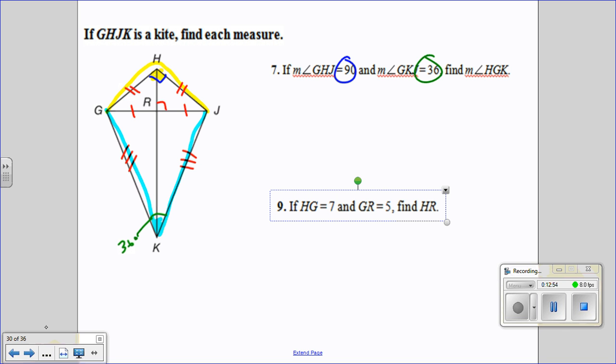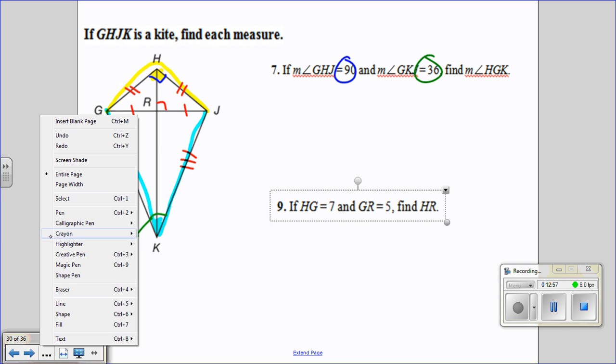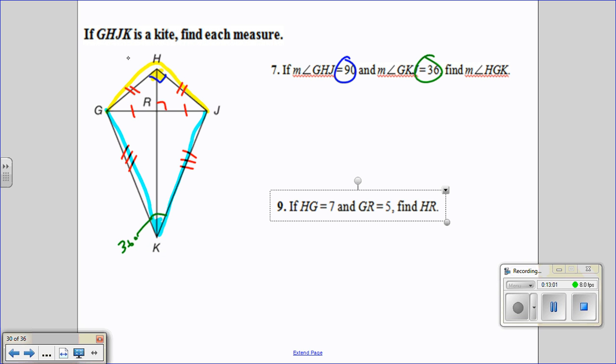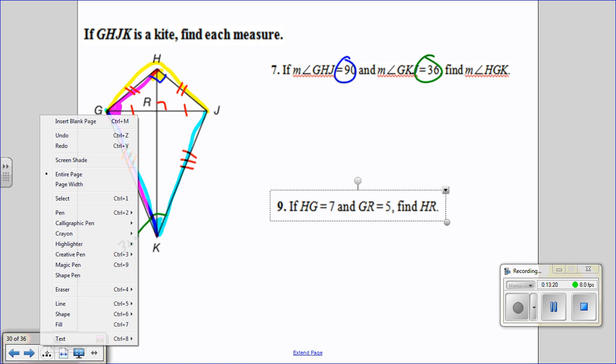It wants us to find the measure of HGK. So HGK. So we're looking for this corner here where G is.